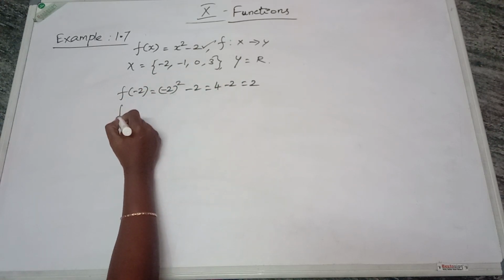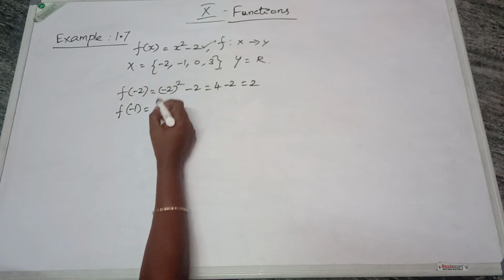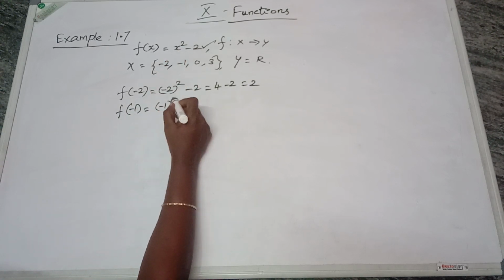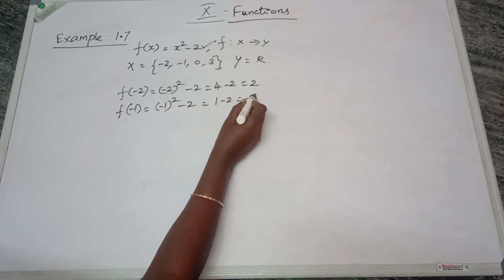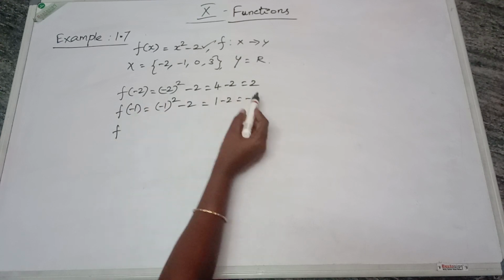Next we find the image of minus 1. f of minus 1 equals, instead of x we substitute minus 1. Minus 1 square is plus 1, and 1 minus 2 gives minus 1. So the image of minus 1 is minus 1.